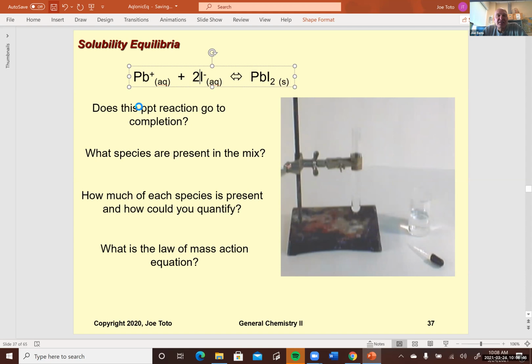Anyway, you know this is an insoluble salt from your solubility rules from Chem 200. You put lead in the presence of iodide, and you form lead iodide, this insoluble yellow precipitate. You may recall from lab if you had it.